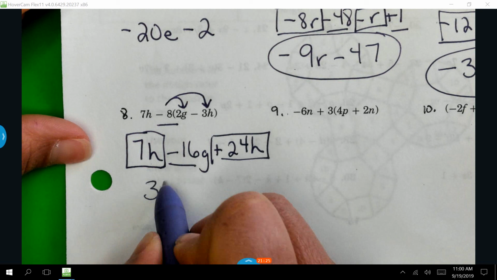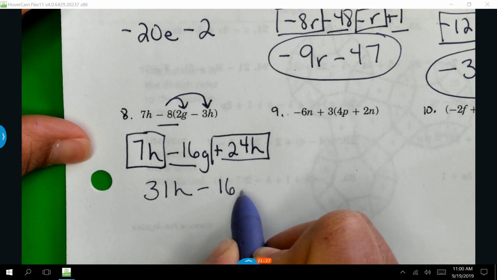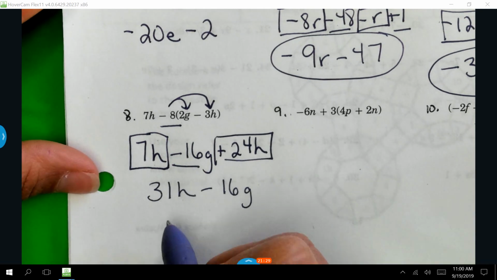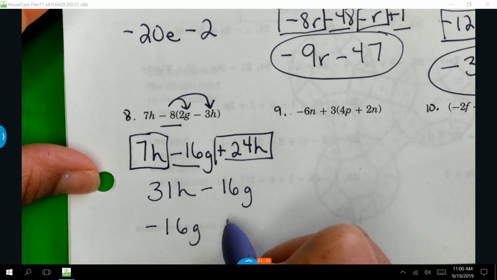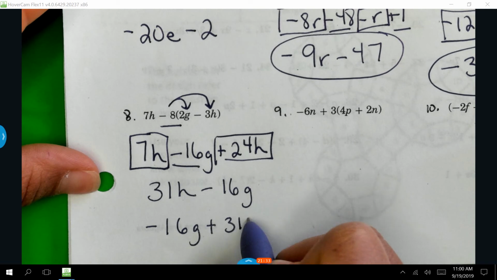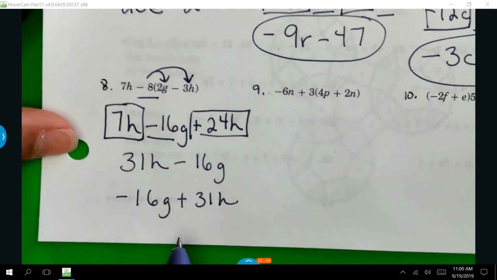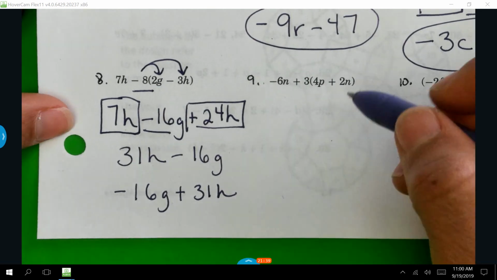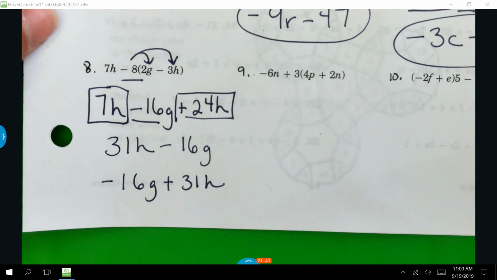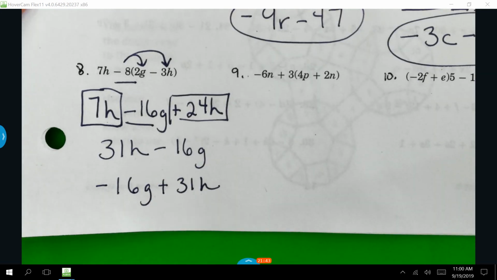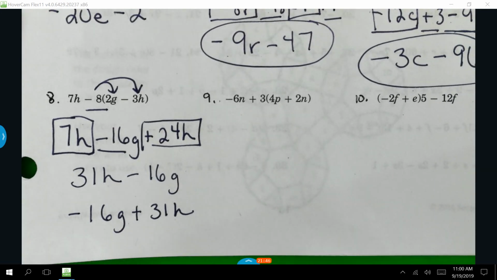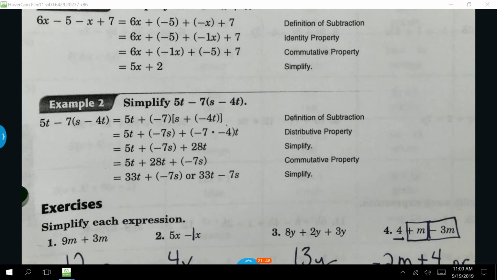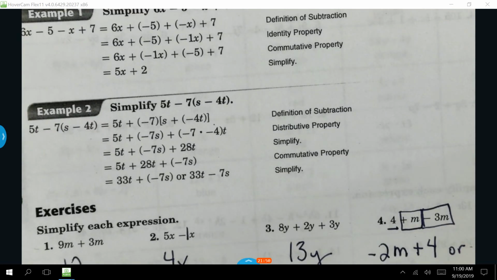They're both positive. And then minus. And if you put this, because sometimes, if it's in alphabetical order, the variable terms, this is the same thing. All right, you go ahead and try number 9 on your own, distribute, and if you want to do 10 as well, and then we'll check to see how you're doing.